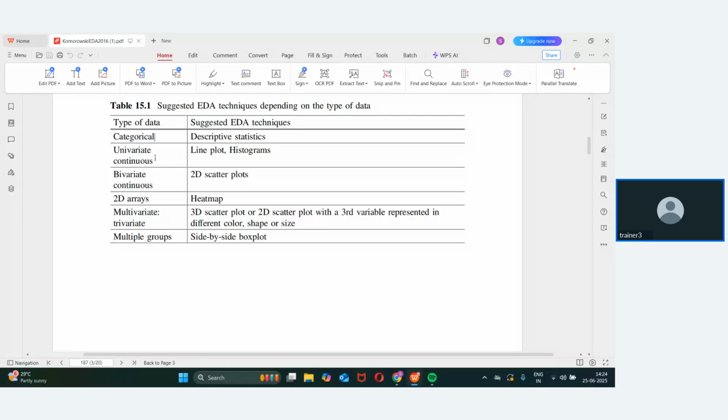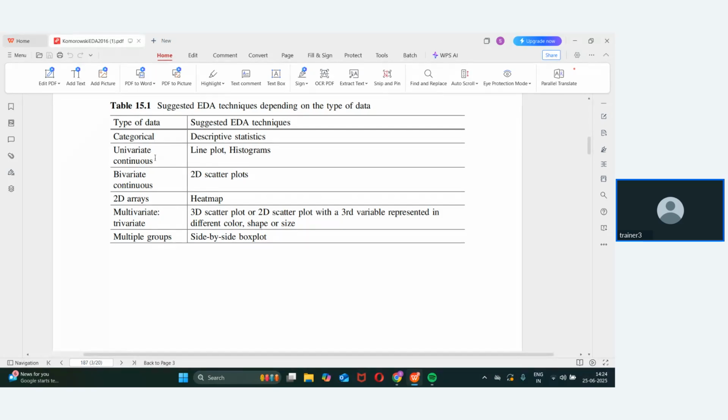So if we take any kind of data and use histograms or line plots or scatter plots, you'll understand about the data in depth, like you'll just have a glance.